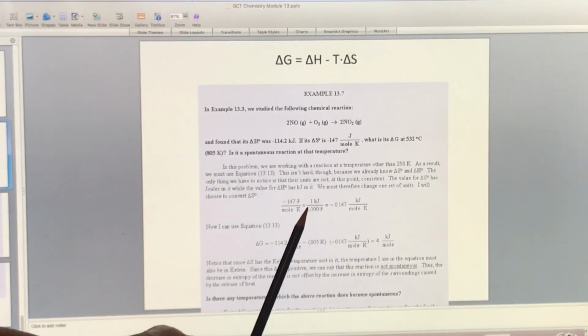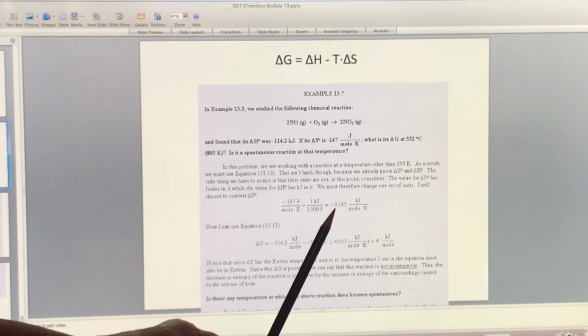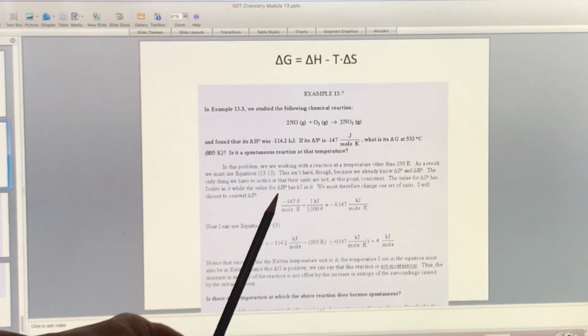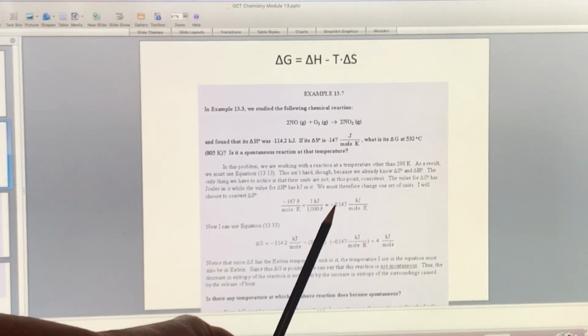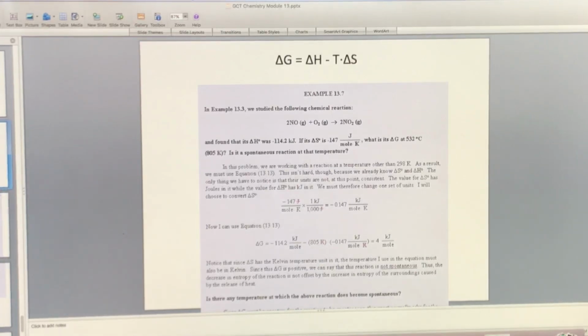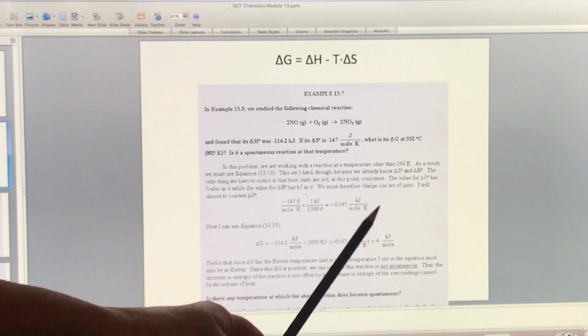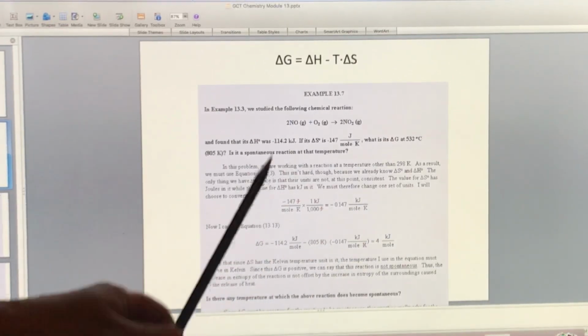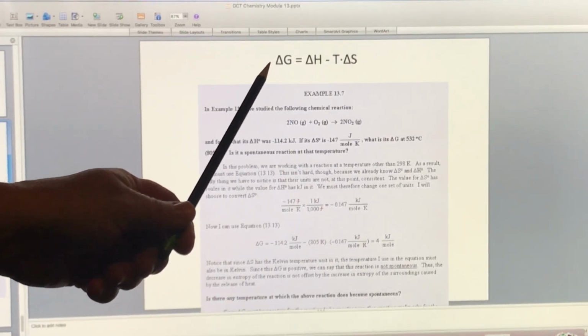And we simply divide by 1,000 and move the decimal point over 3 times. So we have 0.147 kilojoules over moles times Kelvin. Now that we have that reconciled, we can start plugging in values into this equation.